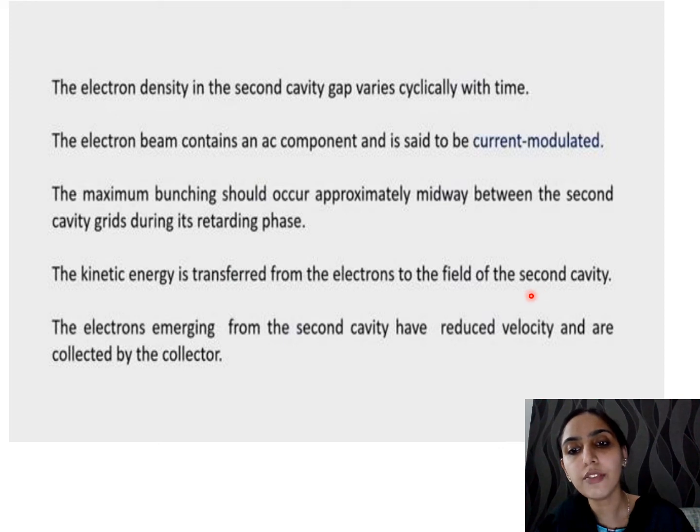So when the field of the second cavity is at maximum retarding, the kinetic energy is transferred from the electrons to the catcher cavity, from which the RF output is taken. And what about those electrons emerging from the catcher cavity? They have reduced velocity and are collected by the collector.